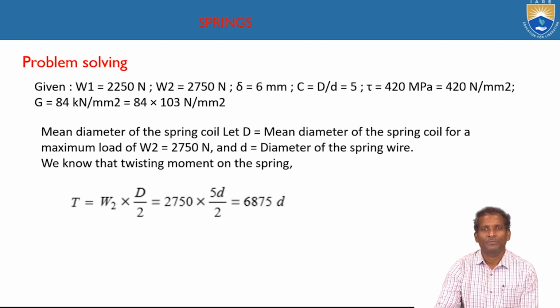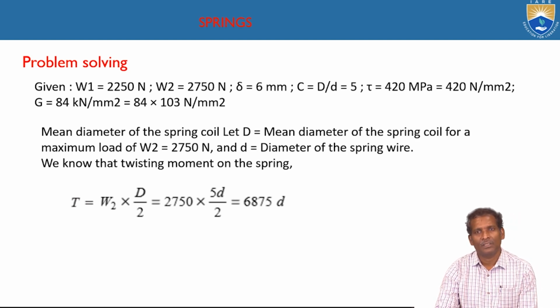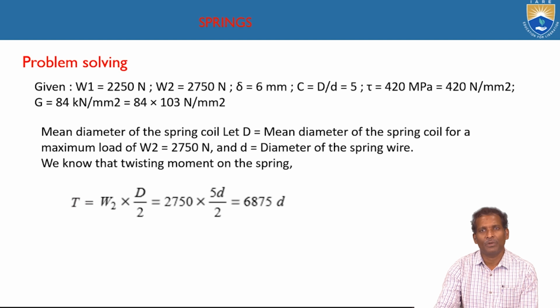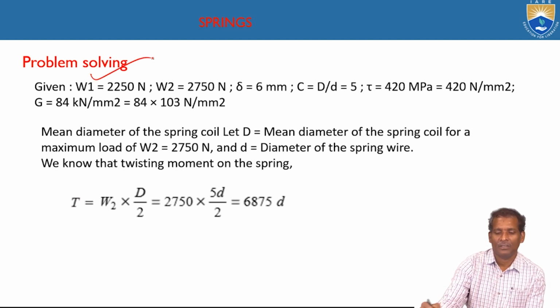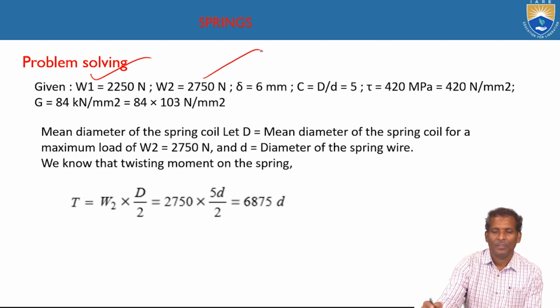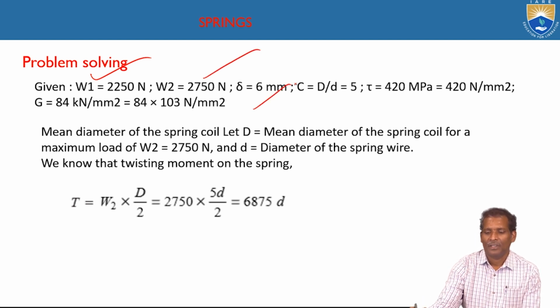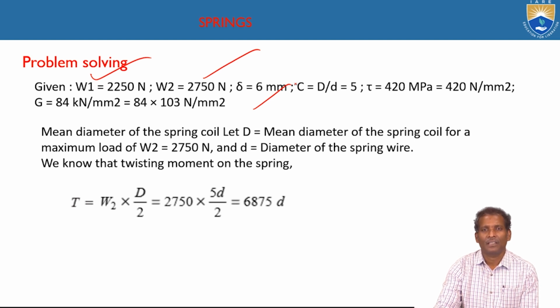The first step is the given data. The minimum load, let us assume W1, is 2250 newtons and W2 is 2750 newtons. The given delta is 6 mm. And C is capital D by small d, the spring index, whose given value is 5.